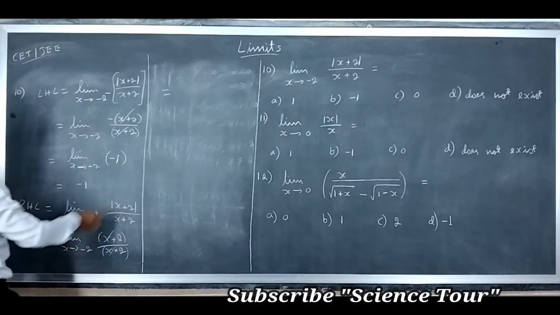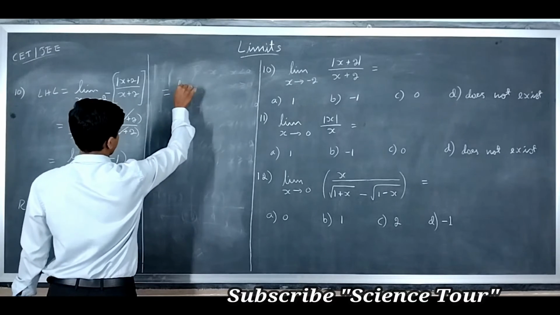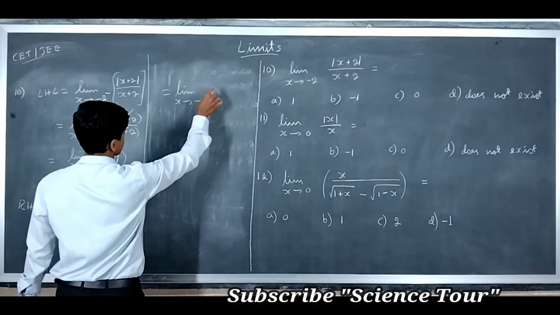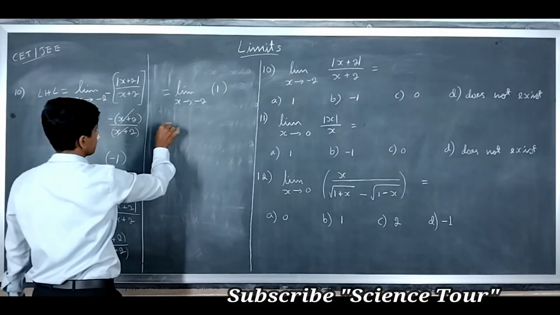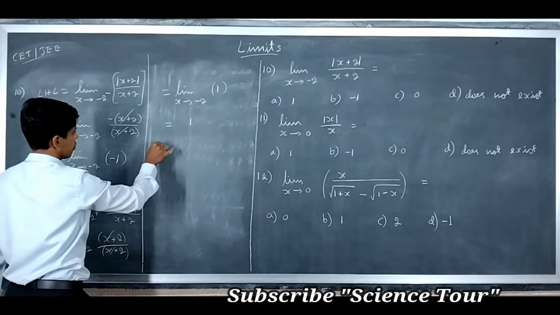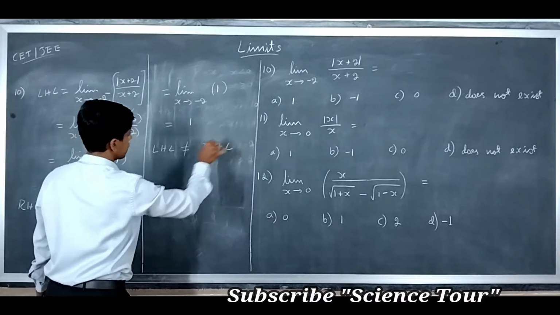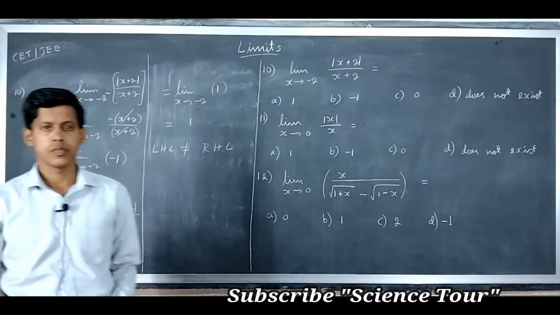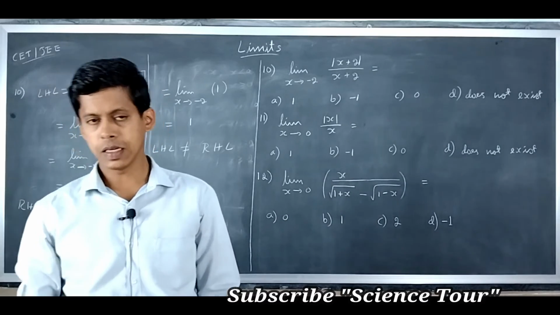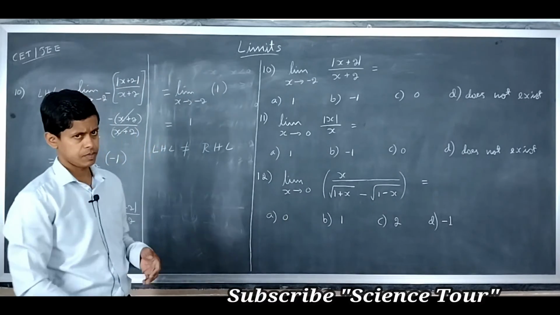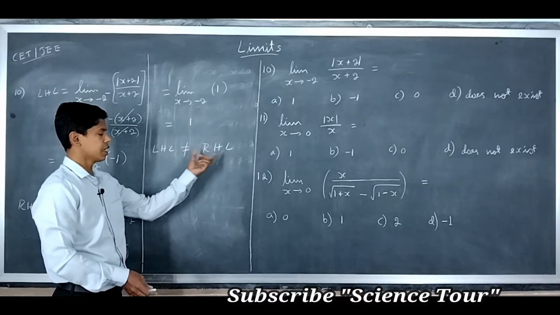So this is equal to limit x tends to minus 2 of 1. So limit of 1 is 1. Now left hand limit is not equal to right hand limit. So in the first class I have explained when does the limit exist. Limit exists only if LHL and RHL are equal.